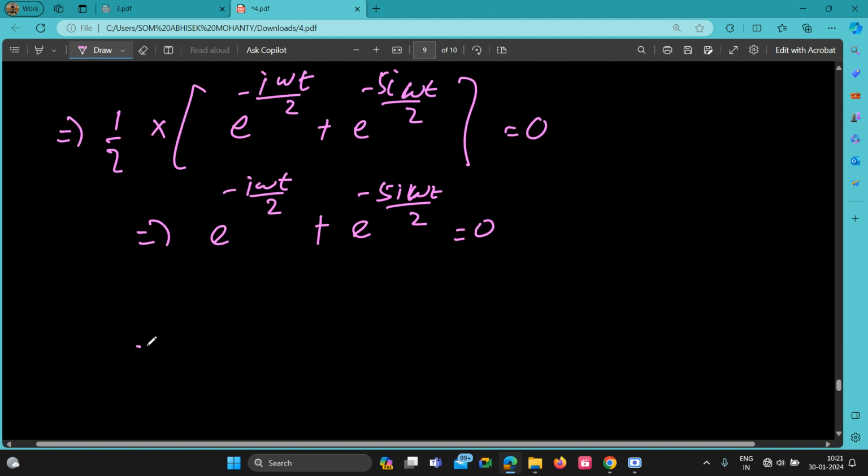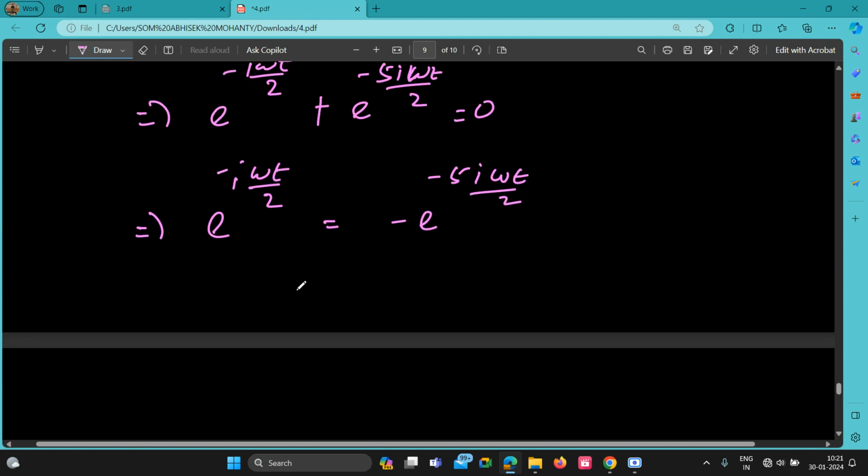So e to the power minus i omega t by 2 is equal to minus e to the power minus 5 i omega t by 2. If I take it to this side, it will be e to the power 5 i omega t by 2 minus i omega t by 2 is equal to minus 1.